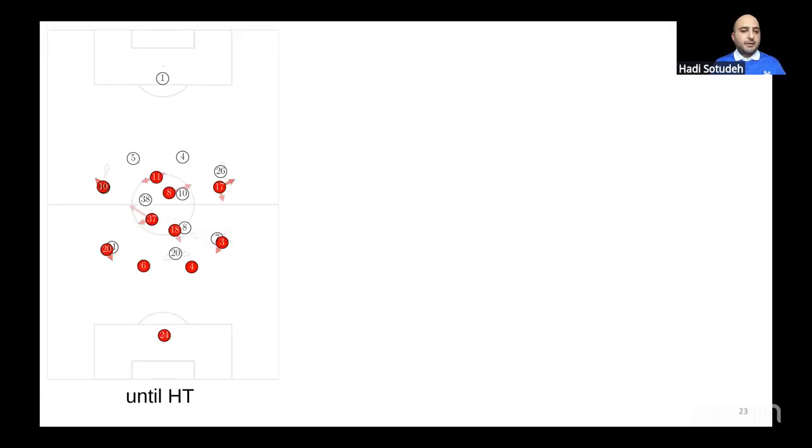Finally, we want to see how, if we divide the match into some intervals, the visualization of the spatial layout for each team looks like. The exact way is explained in one of my early webinars, but also in my PhD thesis. This is the visualization you can see here, where you see the red team, Manchester United, and the white team, Liverpool. Liverpool from top to bottom, United from bottom to top.